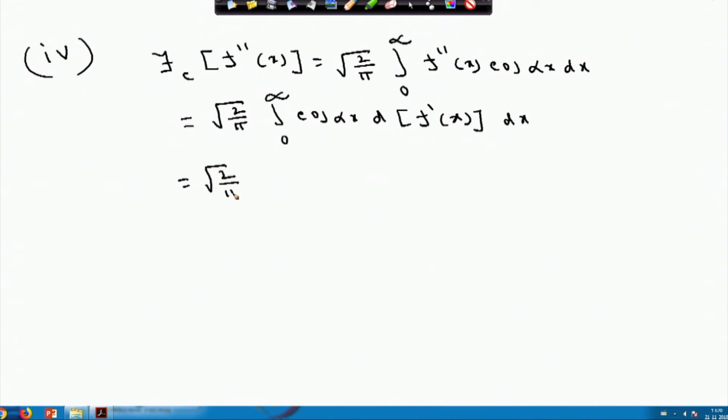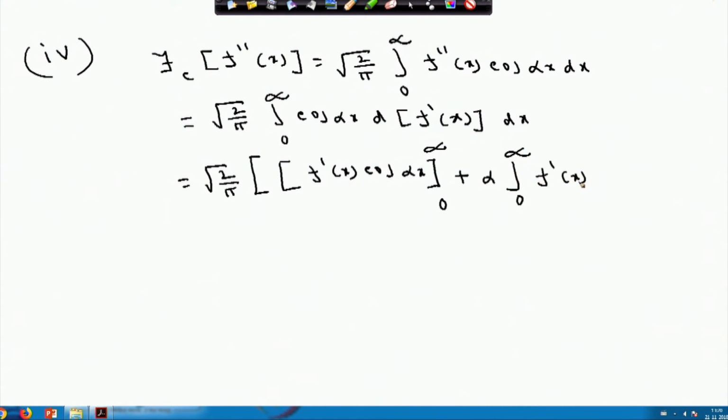So, you can write root over 2 by pi, f dash x into cos of alpha x, x varying from 0 to infinity, plus alpha into the integral from 0 to infinity of f dash x into sine of alpha x dx.